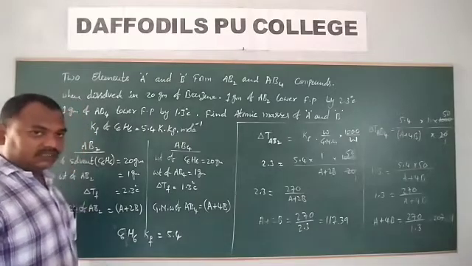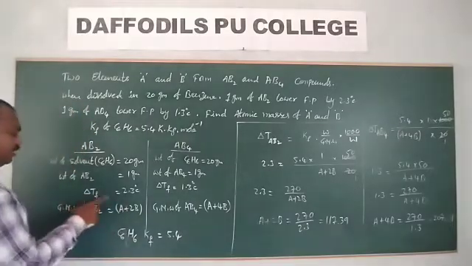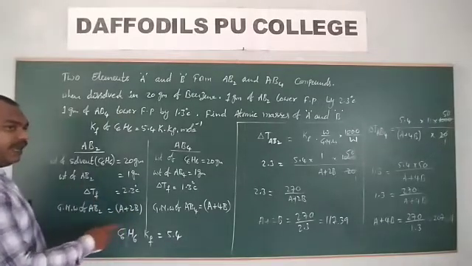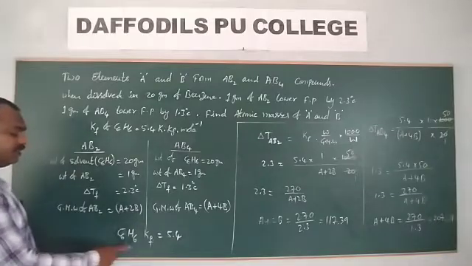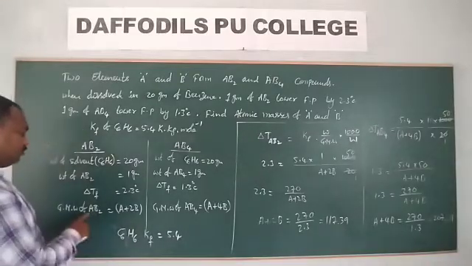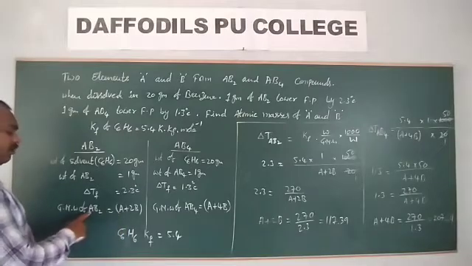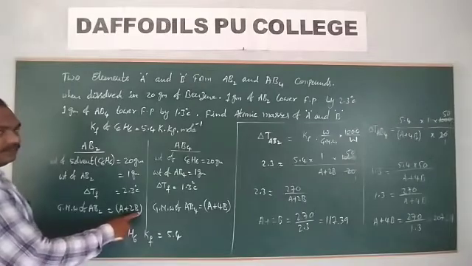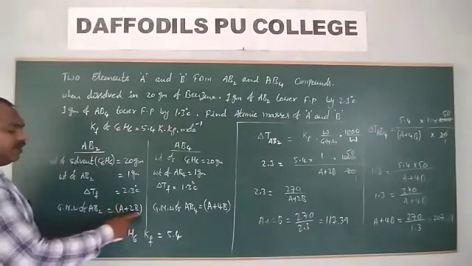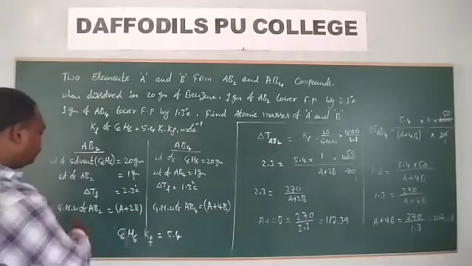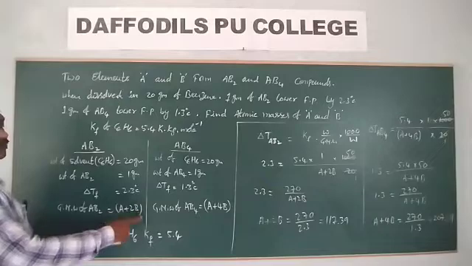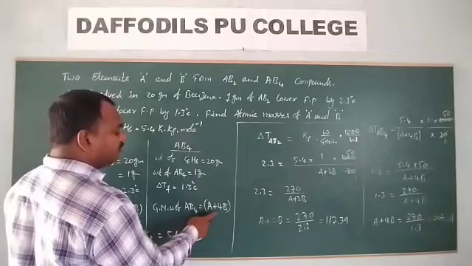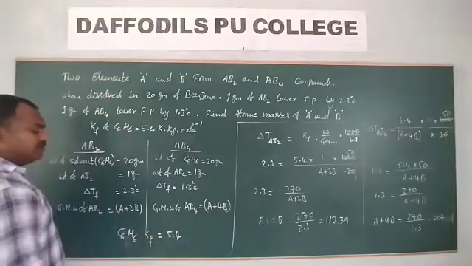Here in AB2, how many A's are there? 1 A. How many B's? 2 B. If you add the atomic weights, you will get the molecular weight. So gram molecular weight of AB2 is equal to A plus 2B. Similarly, gram molecular weight of AB4 is equal to A plus 4B. Kf is written as 5.4.